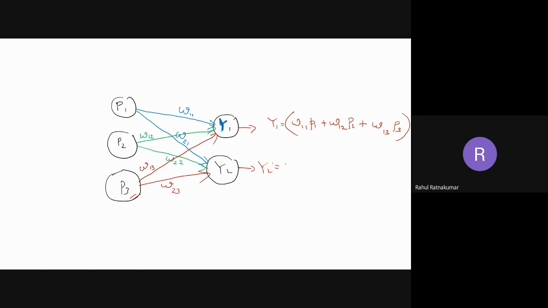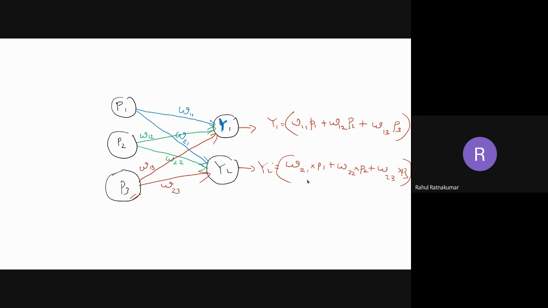Y2, same thing. First is y2 equal to w21 into p1 plus w22 into p2 plus w23 into p3. Okay. So if there are two neurons, these are your outputs.